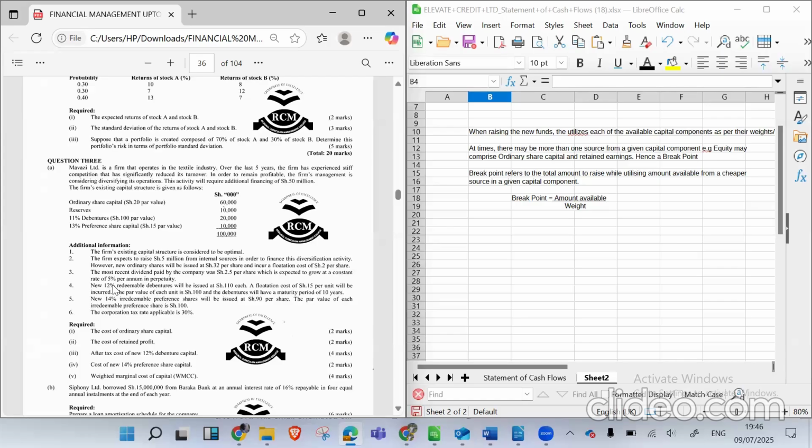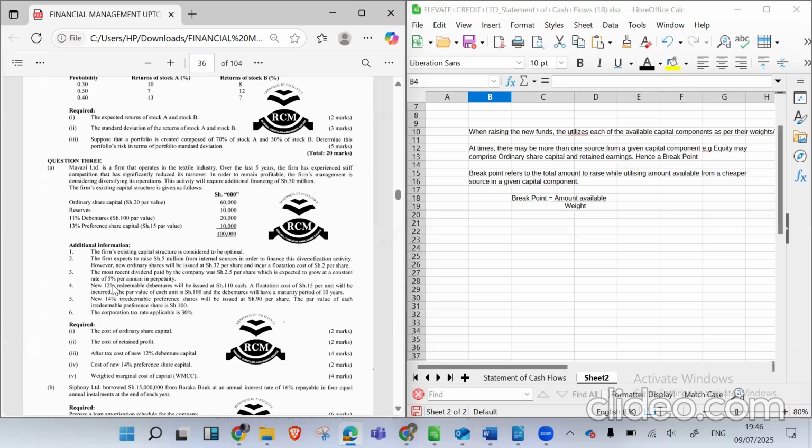New 12% redeemable debentures will be issued at 110. You see that? It will be issued, so the cost of what we want. Looking at the capital structure, we have 11% debentures, and here in note number 4, they say they'll issue 12% debentures. What does that mean? The 11% debentures will not affect it. We are raising the new funds using another type of debenture, which is 12% debenture. A flotation cost of 15 per unit will be incurred.